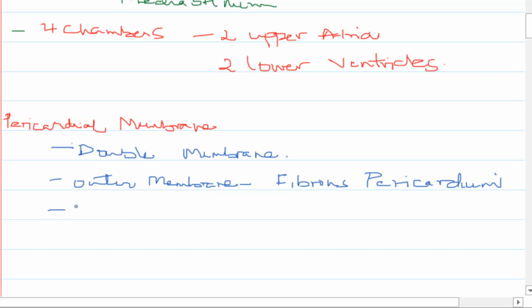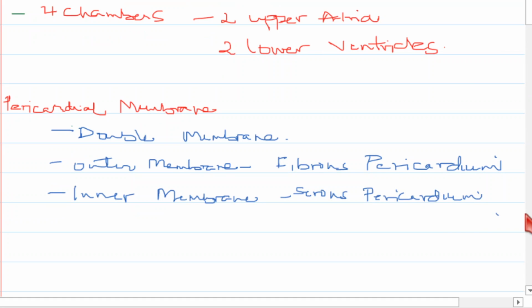The inner membrane. Now this is a little tricky. The inner membrane is called the serous pericardium. Now, a serous pericardium is divided into two, or splits into two again. Two membranes.